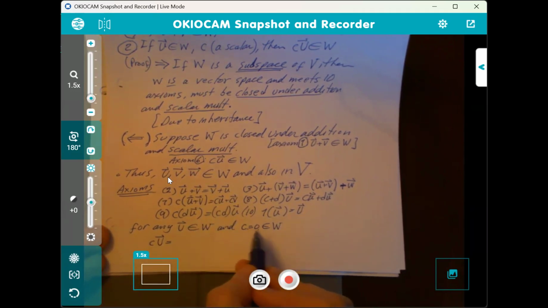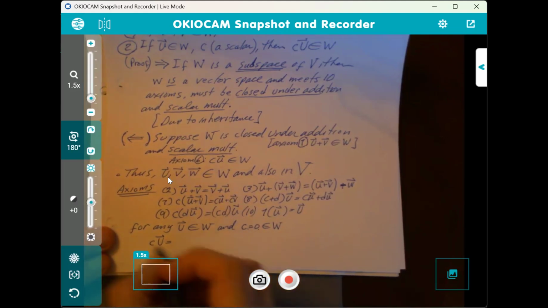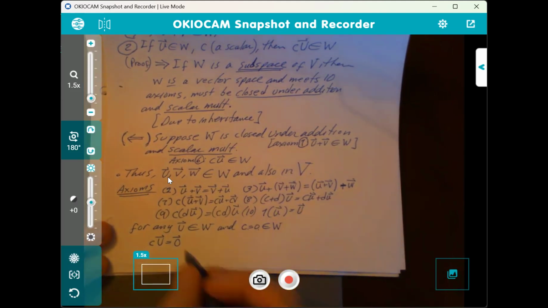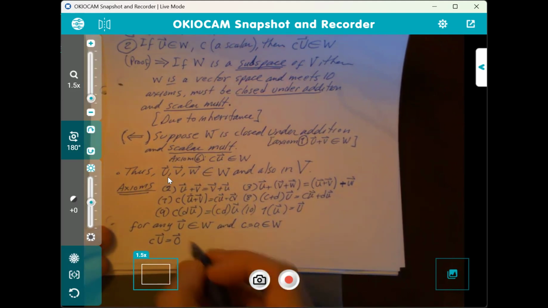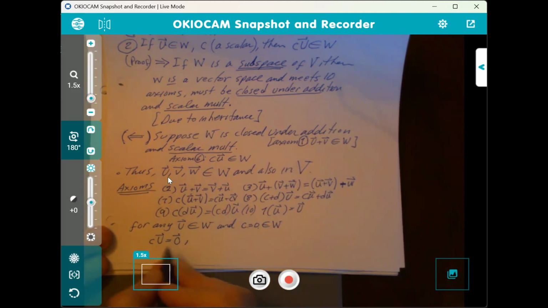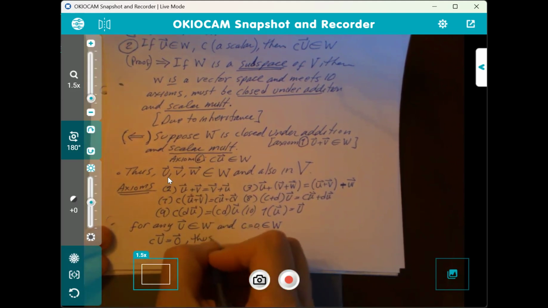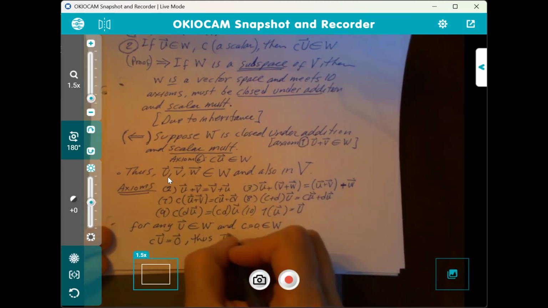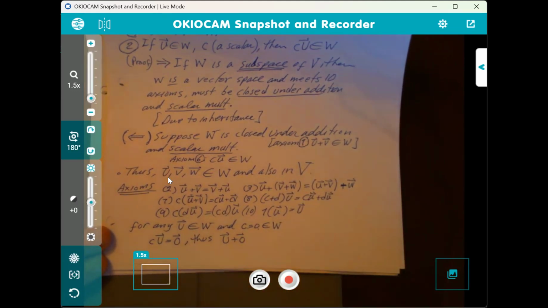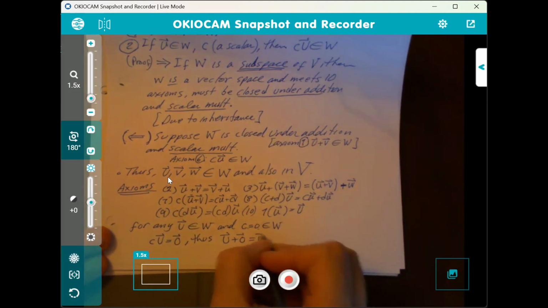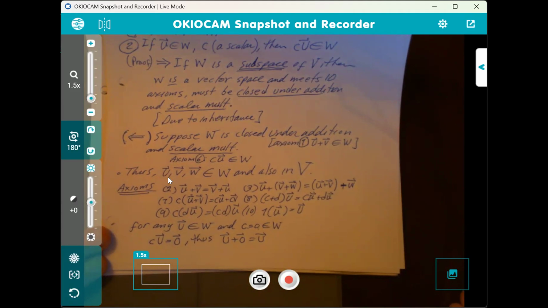That's inherited. If the constant is 0, then Cu, remember that was one of the properties we had earlier, gives you the 0 vector, correct? So if the 0 vector is there, which we knew it was there because it was inherited, but that's another way to show it, thus I can add u plus 0 vector because we showed the existence of it, and that gives me u, correct?